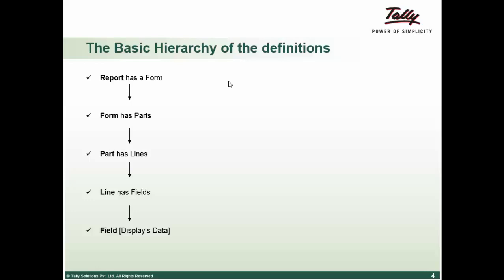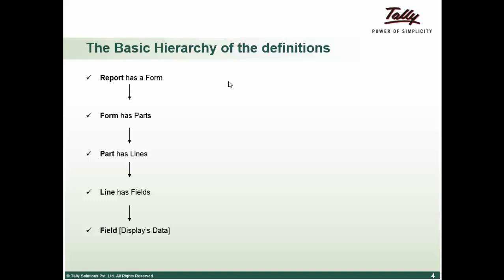A line can further contain lines or fields. Again, the lines will be vertically placed and fields will be horizontally placed. A line can further contain lines, which can further contain lines.